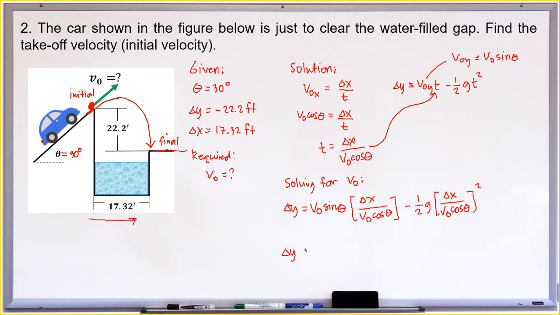Now, if we simplify this, v naught cancels, so we only have delta x, and then sine theta over cosine theta in trigonometry is equal to tangent of theta. And on the last term, we have 1 half g. In the numerator, we have delta x square divided by v naught square and cosine square theta.